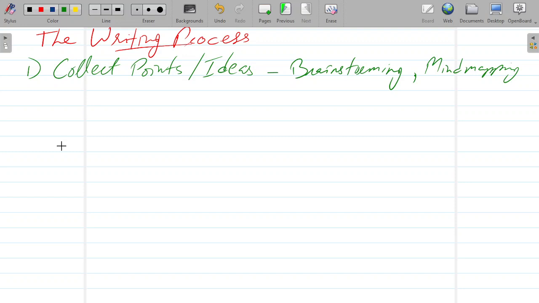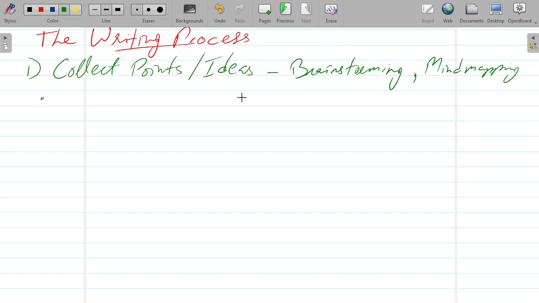Highlighting the points of a summary and going through those and checking whether they are main points, valid content points, or details that you want to leave out. It's pretty much the same thing. You're going through the same process. So you want to note down your ideas. What do you want to write? You can put them down as bullet points.